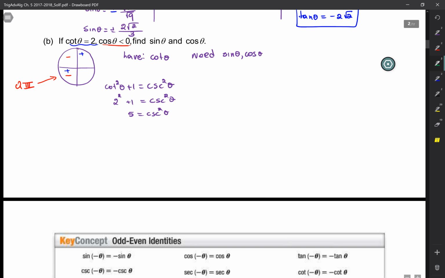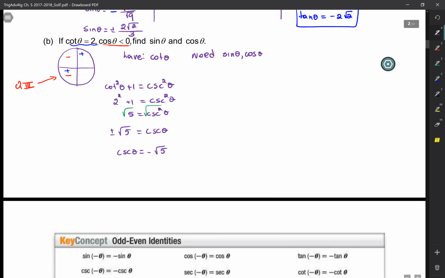Okay, so how do we find cosecant? Take a square root. So plus or minus root 5 is cosecant of theta. What quadrant are we in? The third. Is cosecant positive or negative in the third quadrant? It's like sine. It's negative. So cosecant of theta is negative root 5.